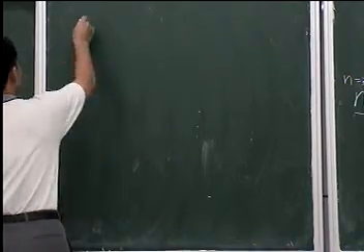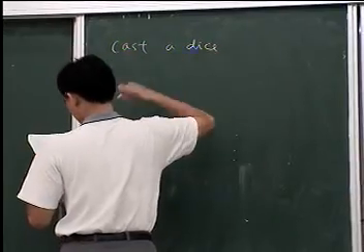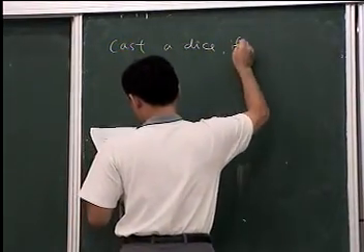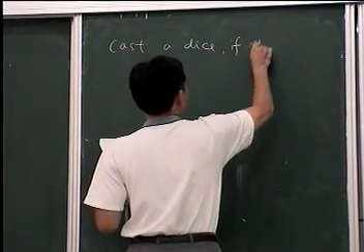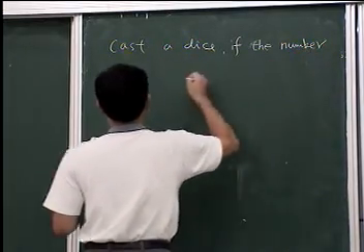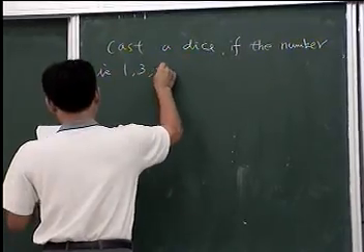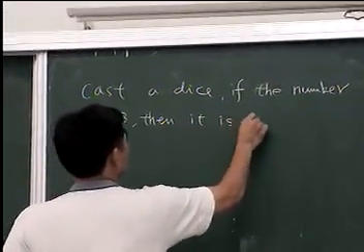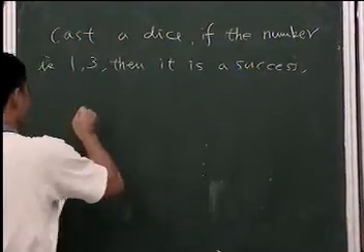Okay, so we cast a dice. If the number is 1, 3, then it is a success. Okay?